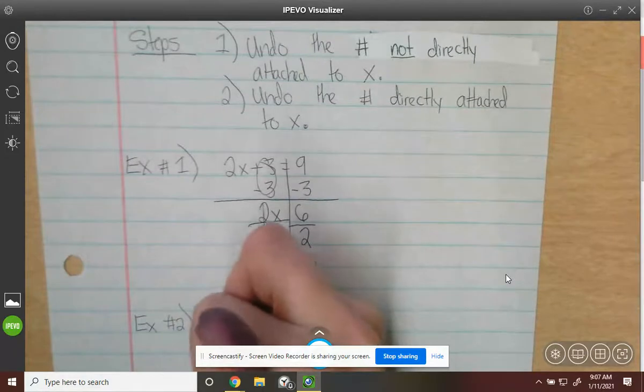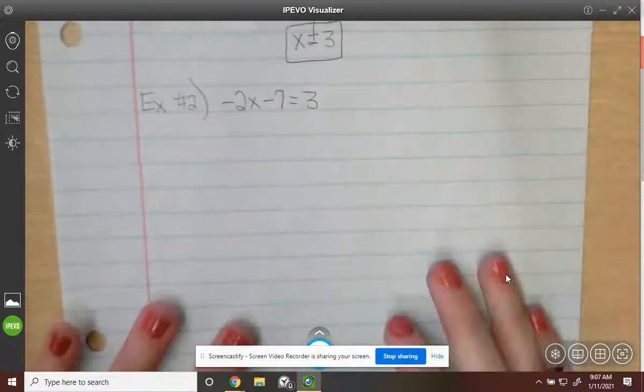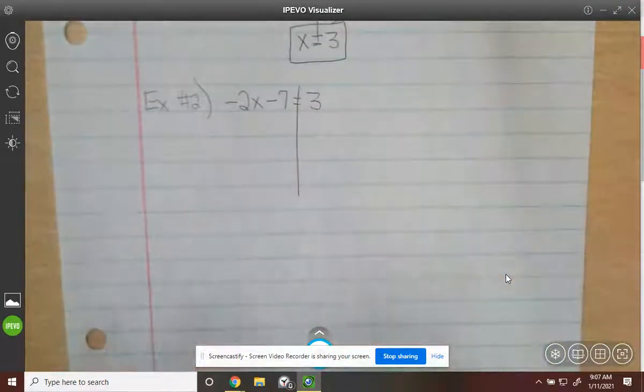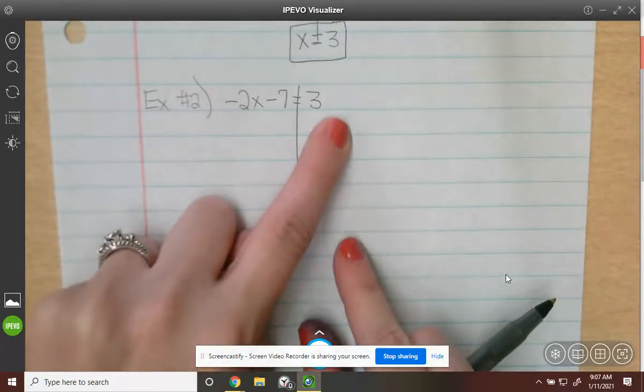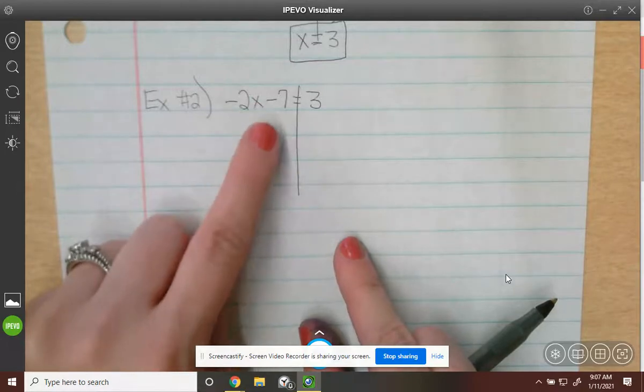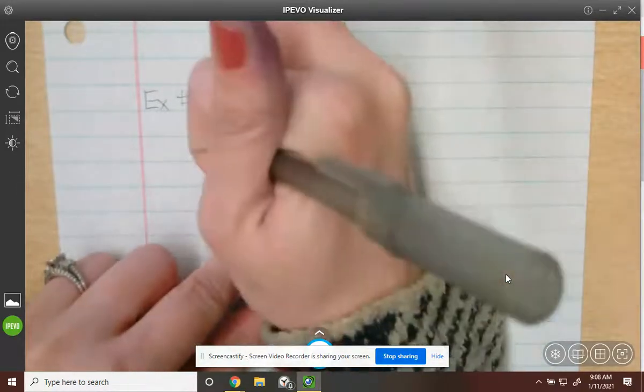Negative 2x minus 7 equals 3. What is my number not directly attached to x right now? The negative 7. How do I move a negative 7 over to the other side? I'm going to add it. What you do on one side, you always do on the other.